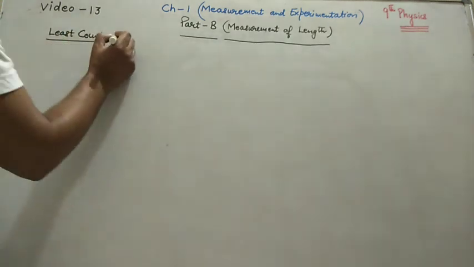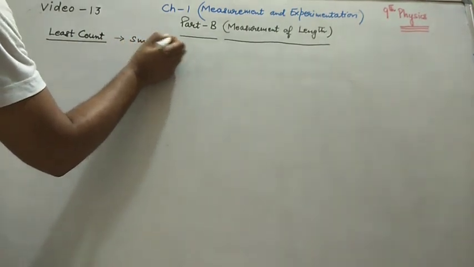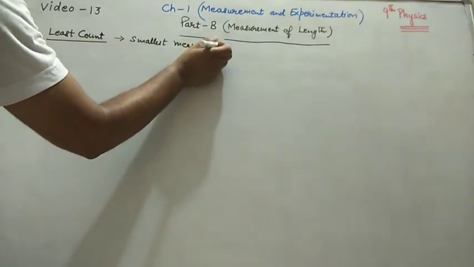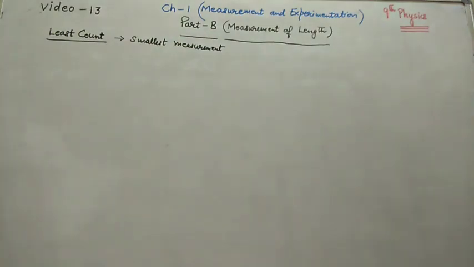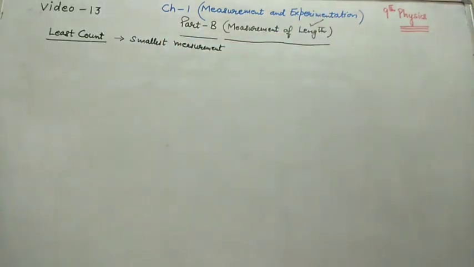Smaller the least count, more will be the sensitivity of that instrument regarding the measurement of that particular physical quantity. So specifically we will discuss length over here.